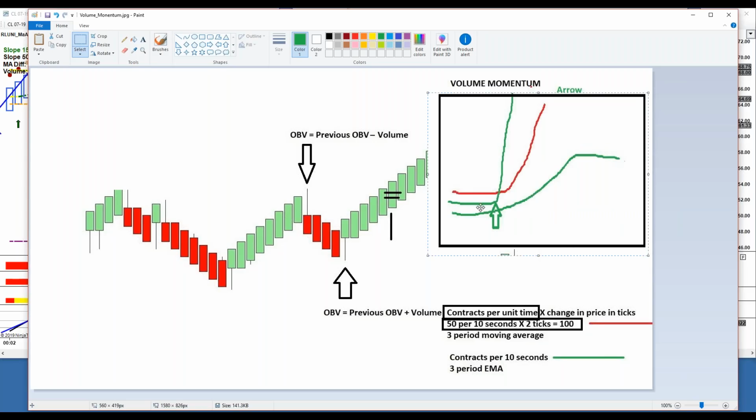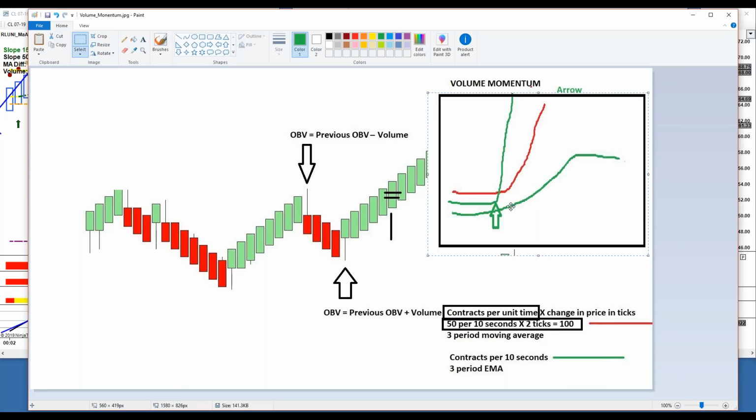Now, if we get, remember, a rise in price, which is red, and our increase, let me just reset. If our red line, which has as its components volume and delta price or change in price, which is clearly a momentum line, and this line, which is simply increasing or decreasing price per unit time, in essence, also a momentum line.